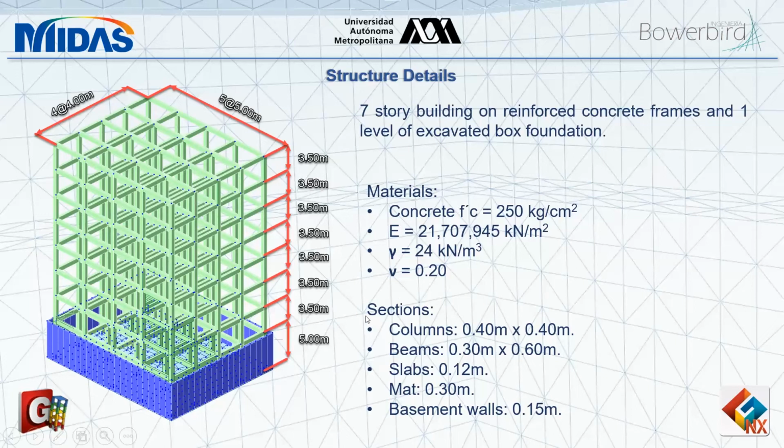And basically we have a series of columns and beams, the slab, and the basement wall dimensions. And we see here each of the stories and more or less the dimensions of the structure. So a pretty basic structure. We're keeping it simple, mostly just to highlight the difference in the formation of the base or the foundation.